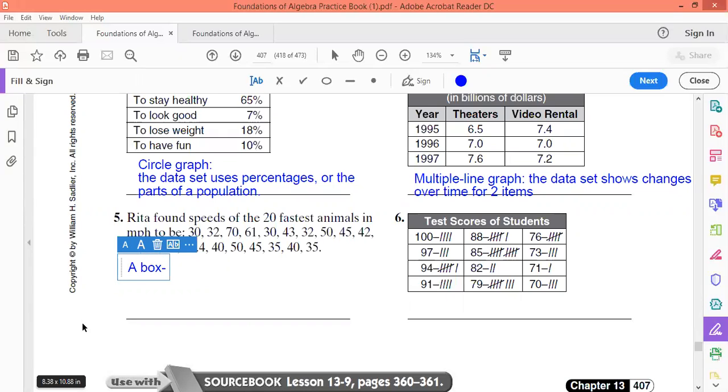A box and whisker plot will show the distribution.